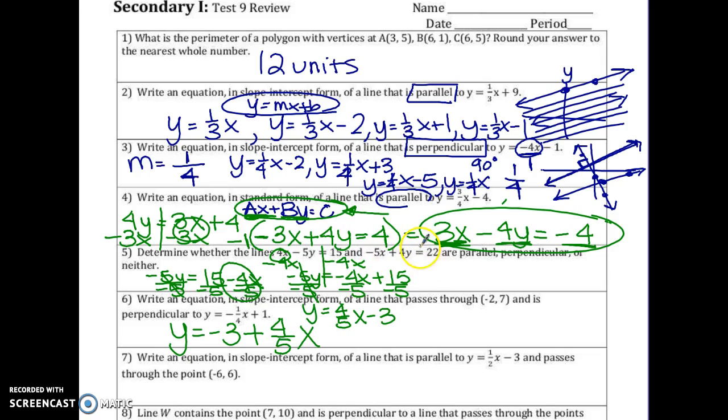So the second one here, we're going to add the 5x over. I'll just leave it the way that it's written. Put the 22 plus 5x first. And then divide it by the 4. So we got y equals 22/4 reduces to 11/2.